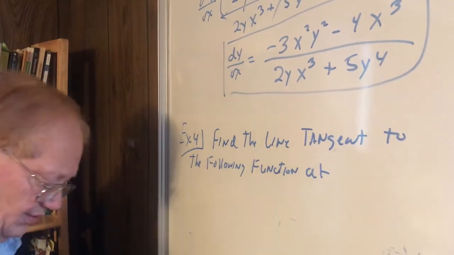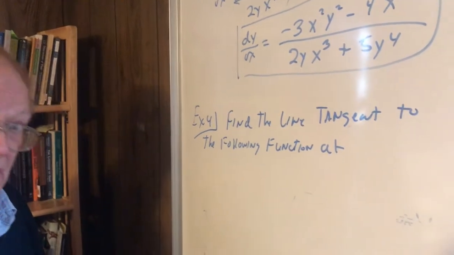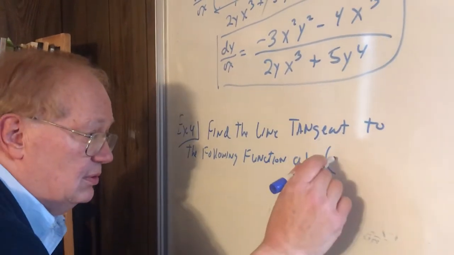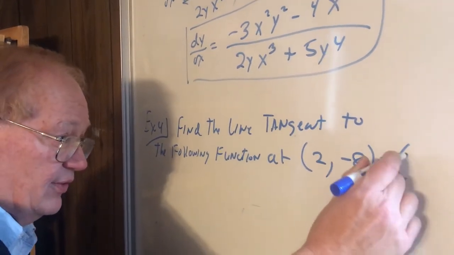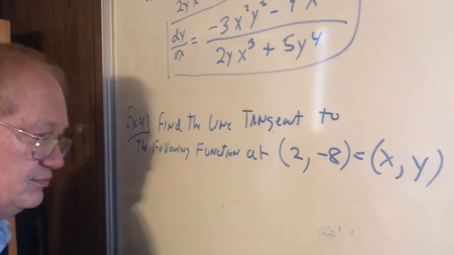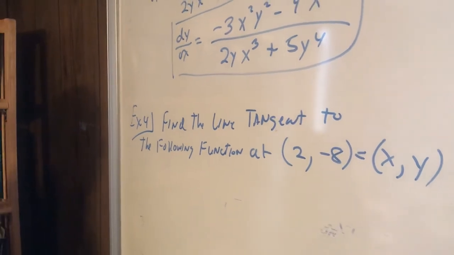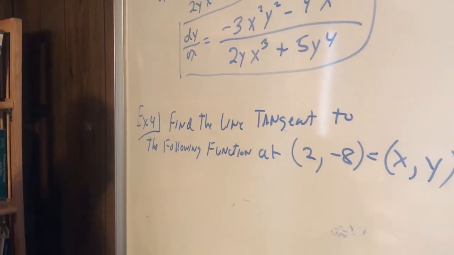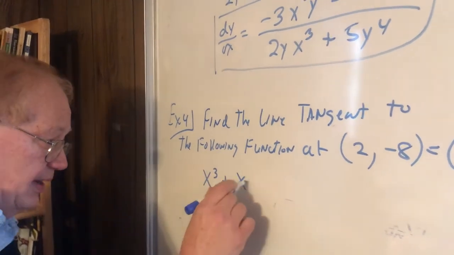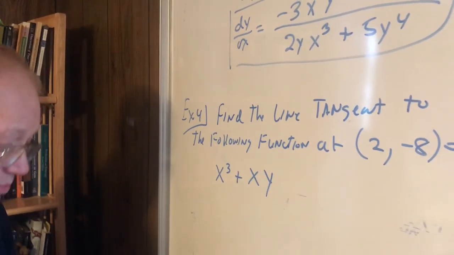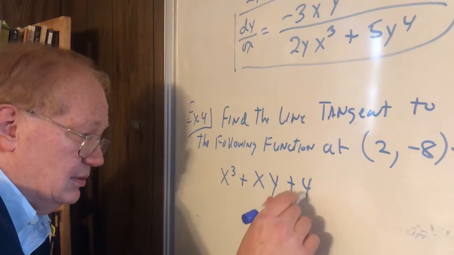This is going to give us some points at 2 and minus 8. That's going to be x and y. All right, so here's the function. The function is x cubed plus xy plus 4 equals 0.